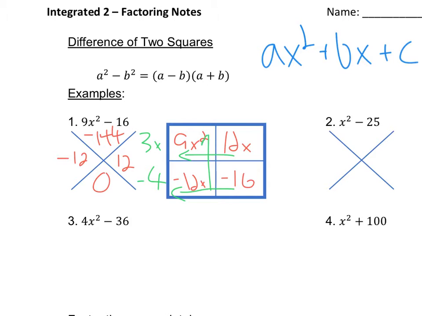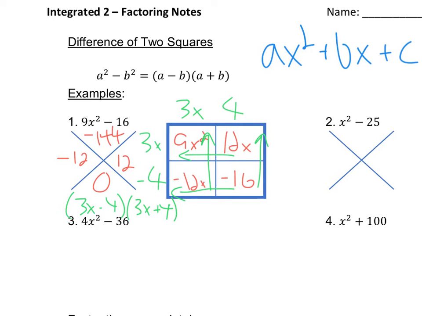And then negative 12x and 9x squared have just a 3x. And then 12x and negative 16 have what in common? 4. So then our factored answer would be 3x minus 4 times 3x plus 4.